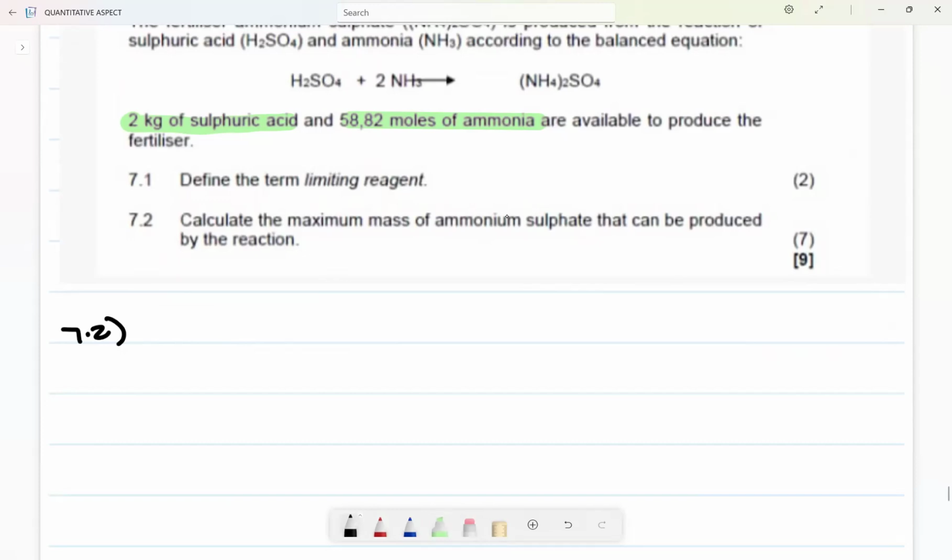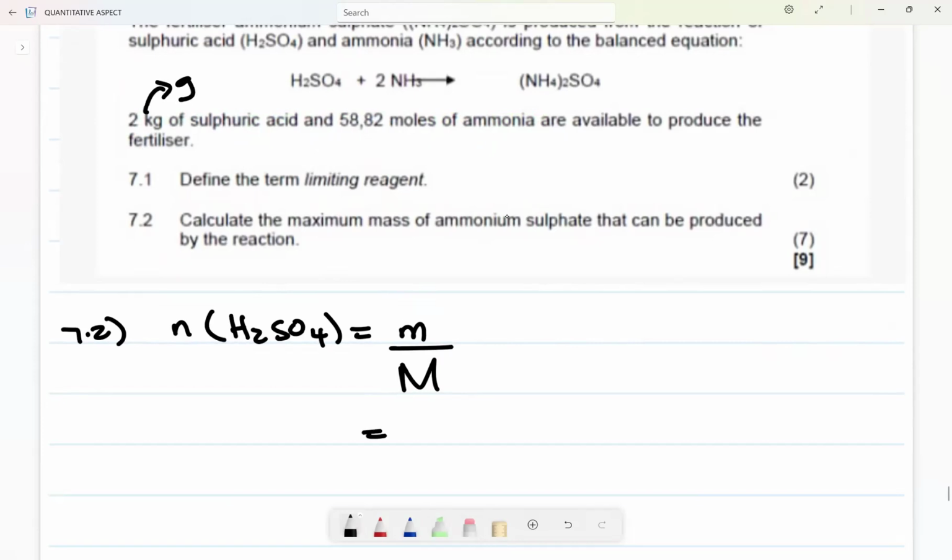Okay. So in this case, I can say number of moles of H2SO4 is equal to mass divided by molar mass. Remember, in chemistry we always convert mass to grams. So mass of H2SO4 is equal to 2 kilograms.